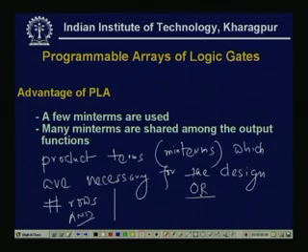Already we have seen, so many min terms are shared among the output functions. So this is the advantage of PLA: the PLA size can be minimized, but the ROM size, that memory, is always fixed.